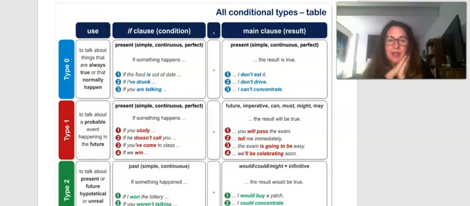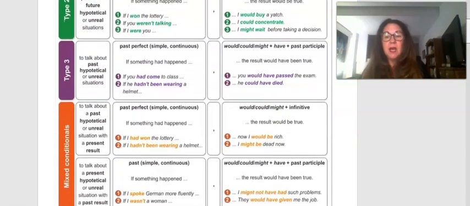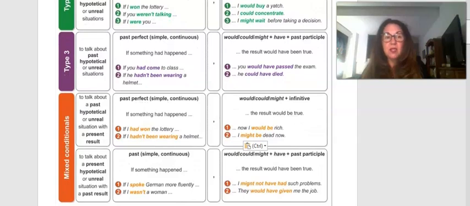So just as a revision, remember please that there are different types of conditionals. So we know type 0, 1, 2, type 3, and mixed conditionals.